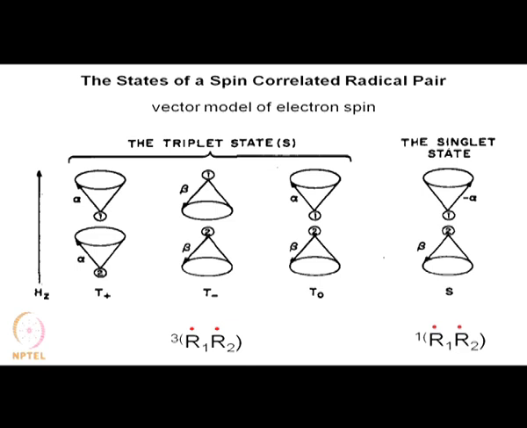Now, I guess all of you know that when a radical, I mean a dot, is created at some portion of your molecule, then that dot is experiencing some internal magnetic field.